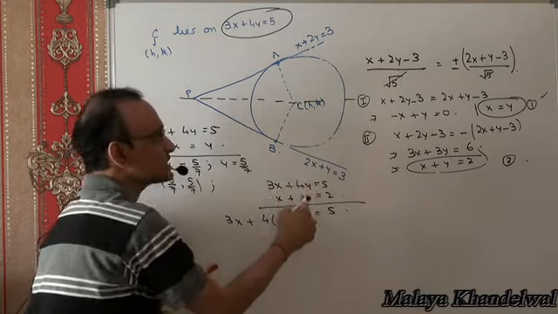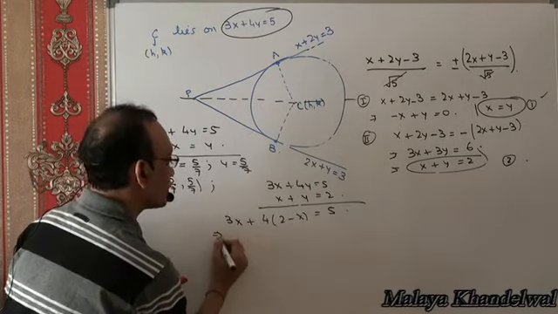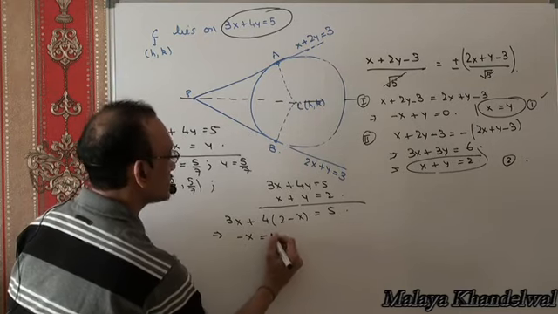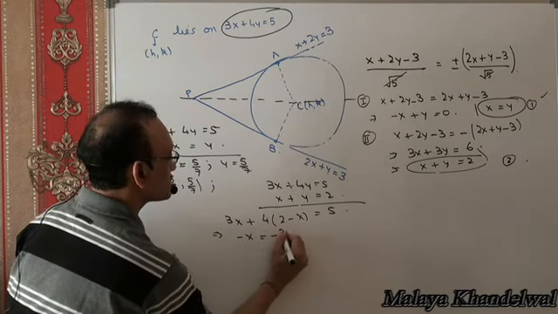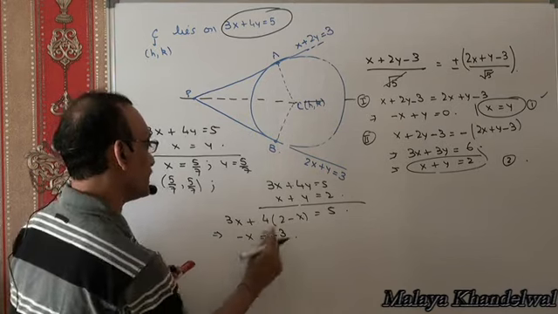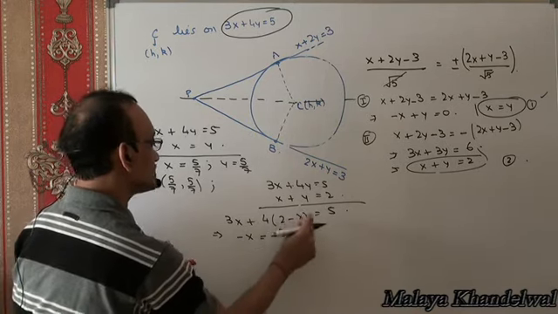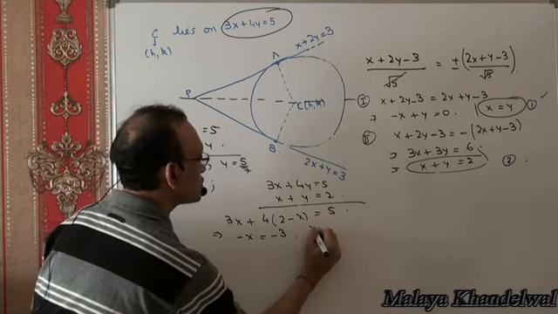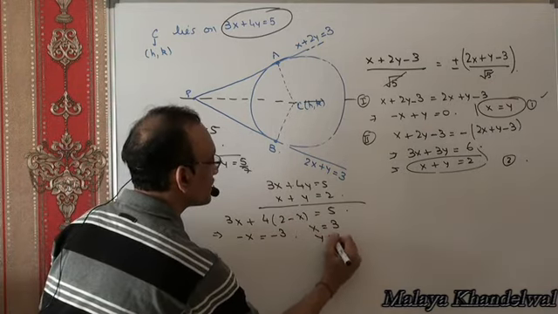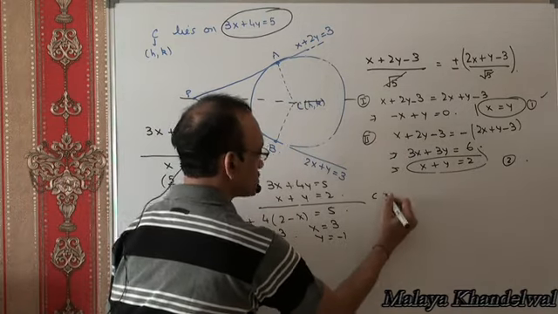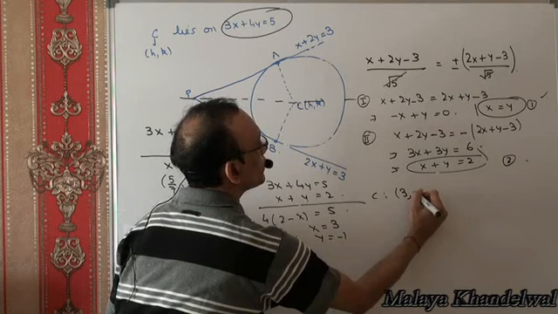I'm solving these two equations to get the coordinates of C. Or I have -x = 5 - 8, which is -3, right? 3x - 4x, -x = 5 - 8 = -3. So that gives me x = 3. If x is 3, very clearly y is -1. So the other possibility for C could be (3, -1).